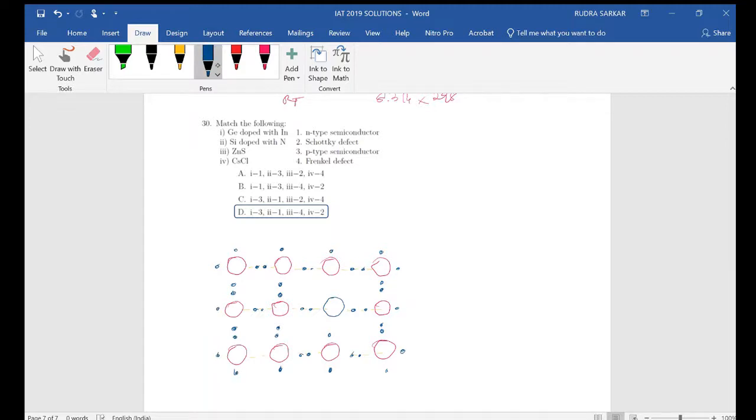Now whenever you have indium, indium has 3 electrons.